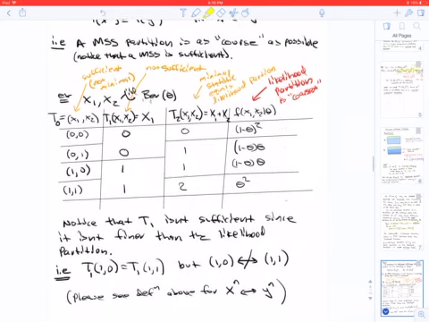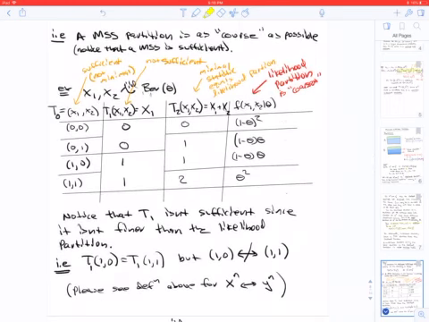For example, if you have x1, x2 IID Bernoulli, then here I've shown the likelihood partition. These are various functions of theta, and you can see that it partitions my 4 outcomes into 3 equivalence classes. And here I've shown 3 different statistics.